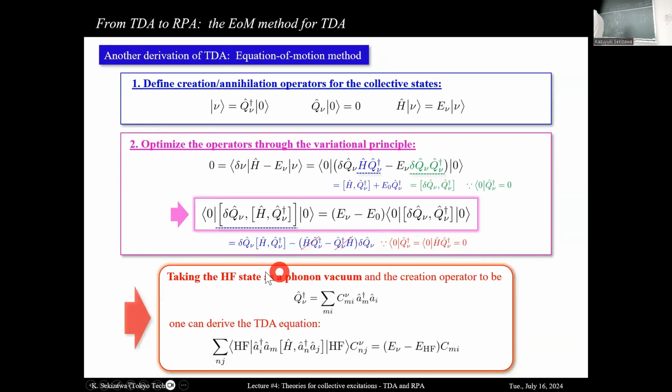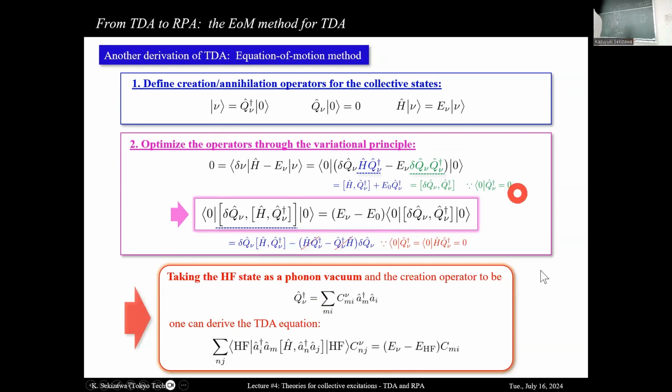And taking the Hartree-Fock state means this vacuum state is replaced with the Hartree-Fock state. Then it will end up with the same equation that we derived before.